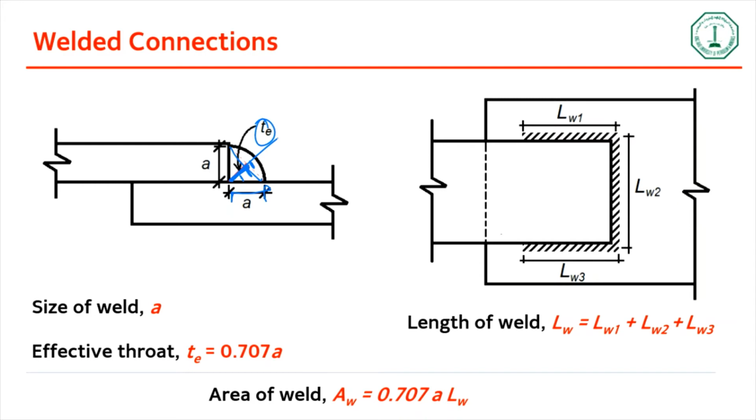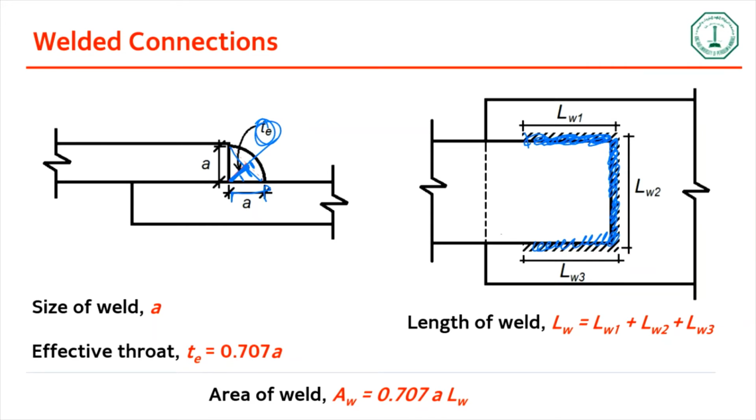So you take something called the effective throat, and then the length of weld is the actual length on the periphery of the cross section of the base metal where you really weld. In this case, you have length W1, length W2, and length W3.